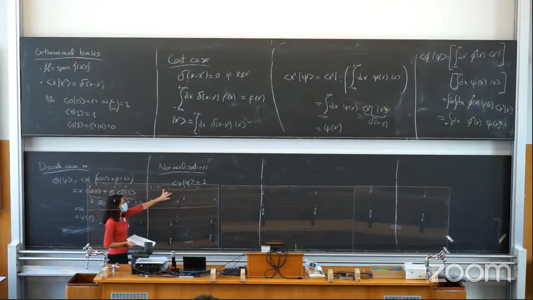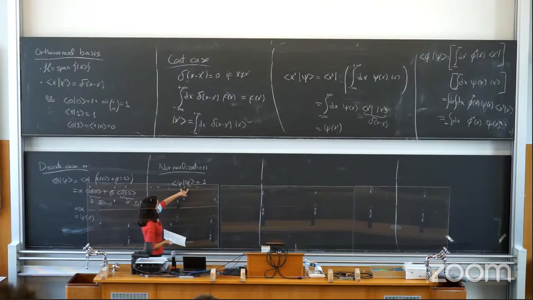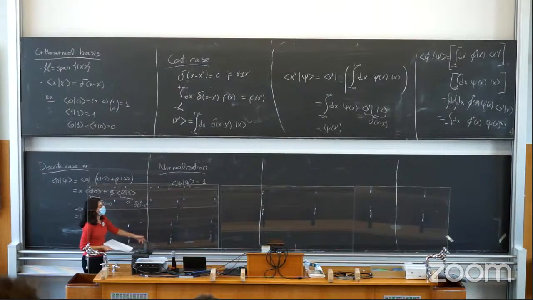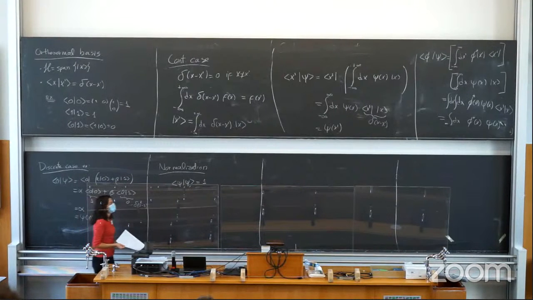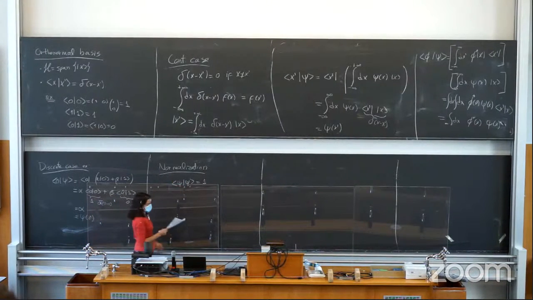We'll see in a moment that this is such that when you make a measurement, if you want to sum up the probabilities of getting all the outcomes, you should get 1 at the end, right? And the probability of getting 0 plus the probability of getting 1 should be 1. And this comes from this condition, okay? But the physics doesn't really change. It's just a matter of rescaling these complex numbers inside here.